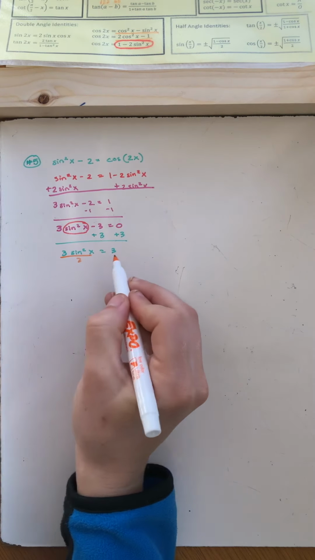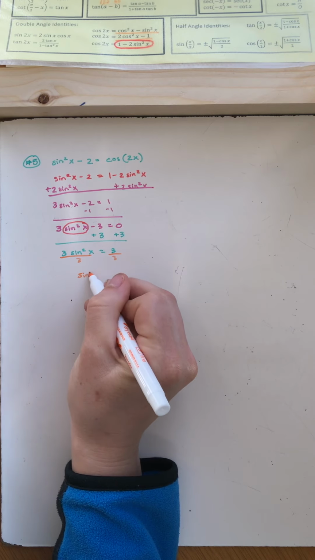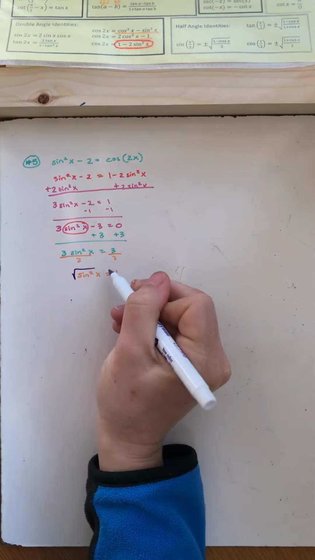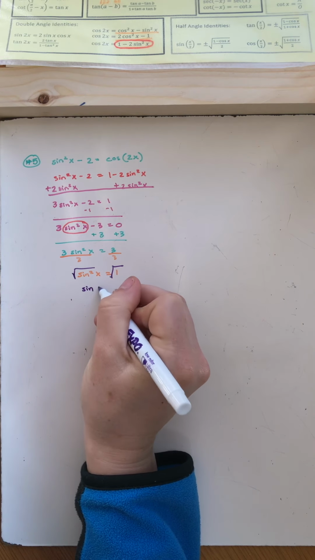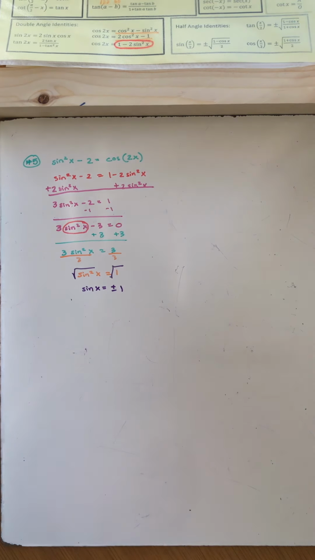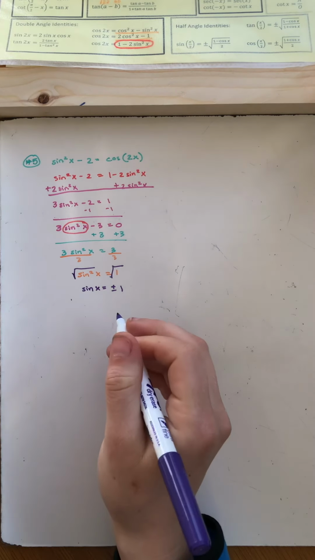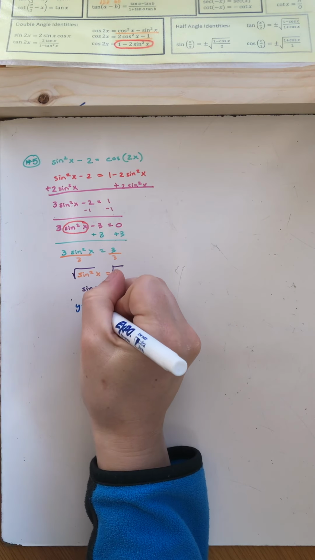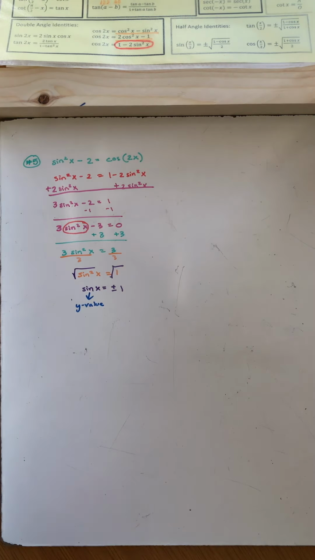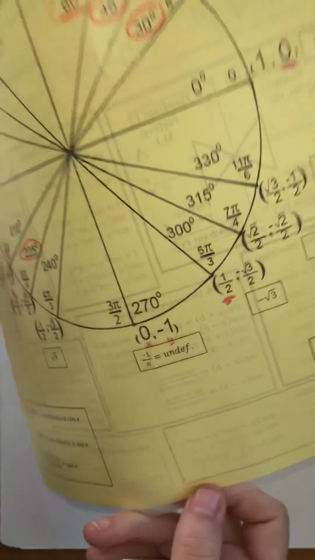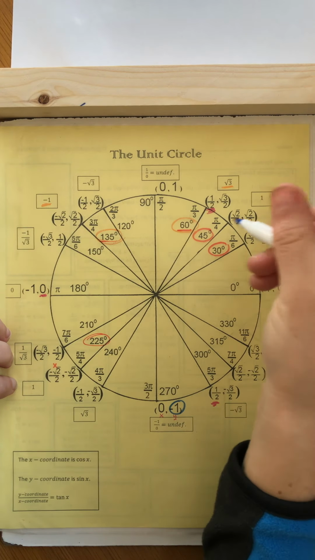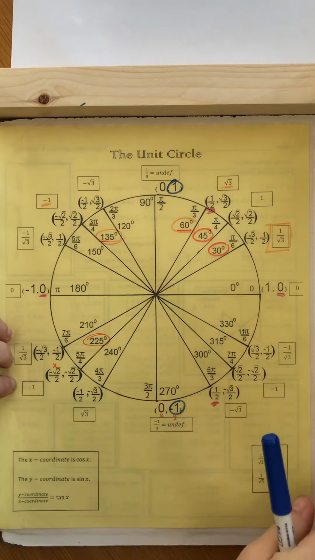Dividing by 3. So I have sine squared x equals 1. Because it is squared, you want to take the square root of both sides. So you have sine x equals a positive or negative 1. Remember that sine is the y value. So where is the y value, positive or negative 1? That would be at pi over 2 and 3 pi over 2.